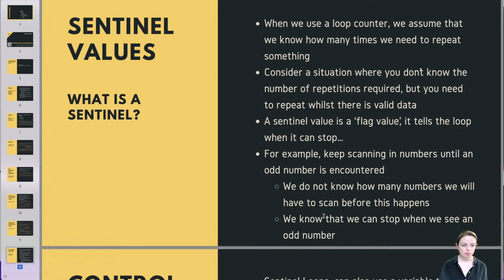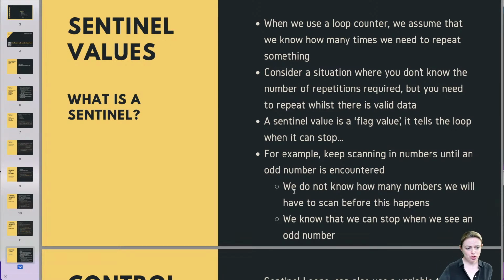For example, keep scanning in numbers until an odd number is encountered. I guess it is like a Boolean in some ways, but a flag is like a state. Is it switched on or is it switched off? So I'm checking for the state and then I'm doing things.